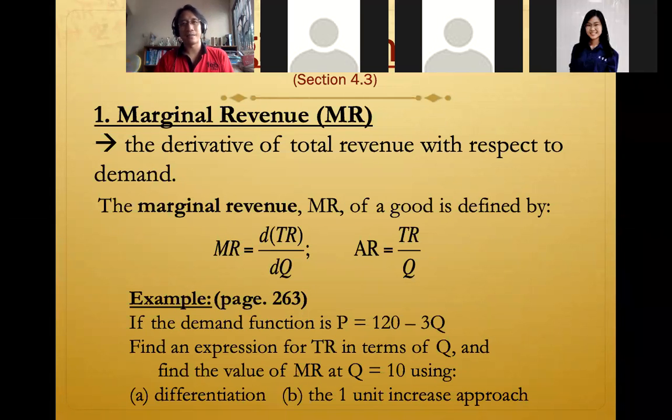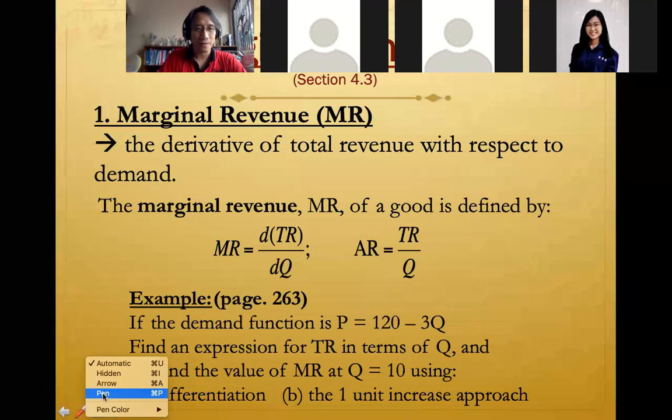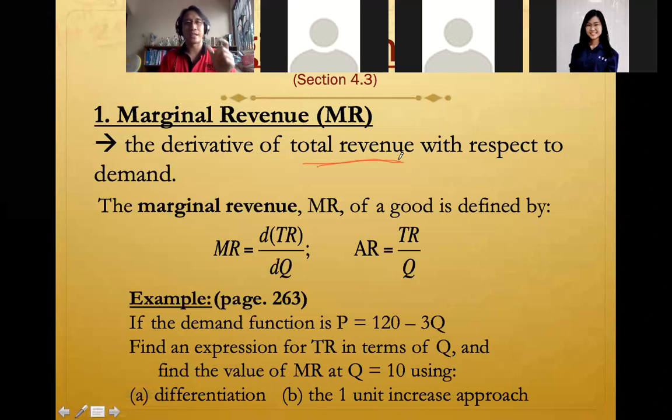And the first one that we are going to learn is marginal revenue. Marginal revenue is the derivative of total revenue. So we need to find out the total revenue first, and then we can create the marginal after we have that function.